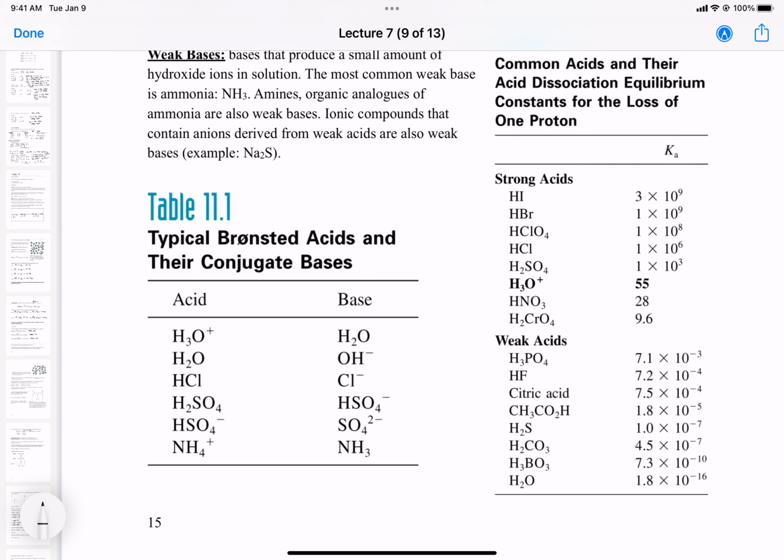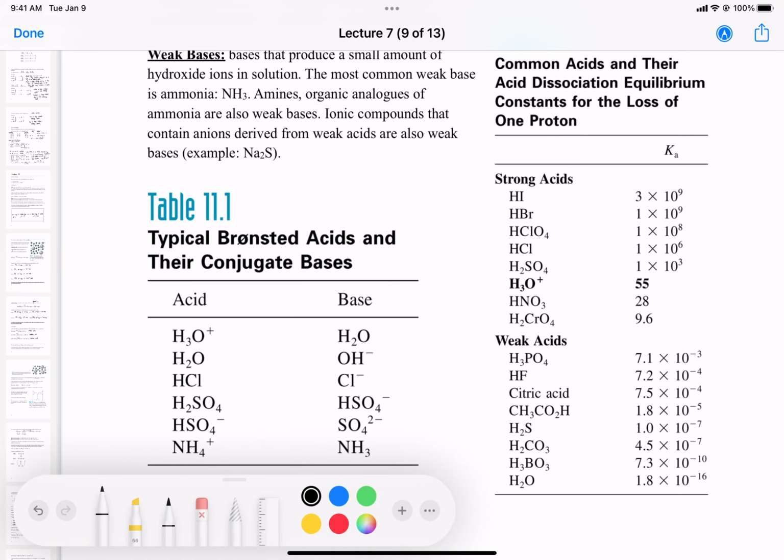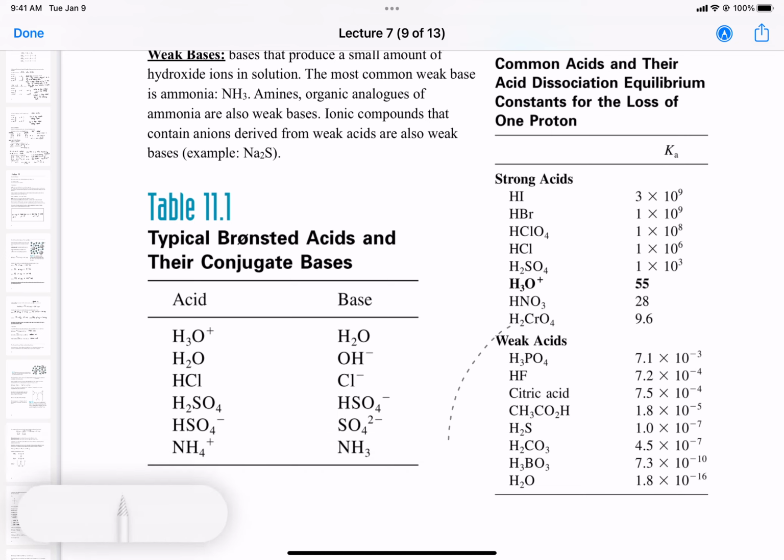And then you see here all the bases that form from the weak acids in this table. The negative ions formed will also be weak bases. So dihydrogen phosphate, fluoride ion, citrate, acetate, hydrogen sulfate, bicarbonate, those would be very weak acids.